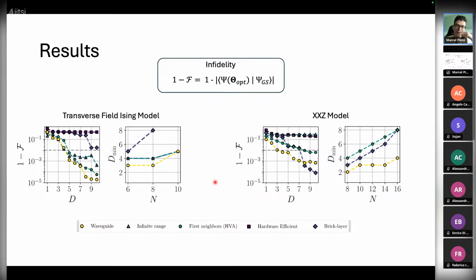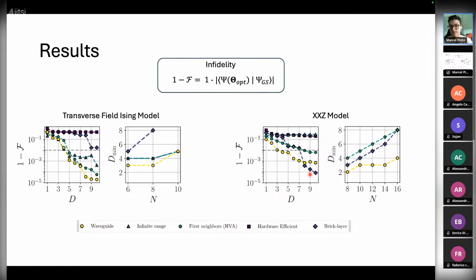And the same if you look at the XXZ model, they have kind of the same behavior. The waveguide does better, but here you can see that for deep circuits the brick layer starts to be better. But this happens only on deep circuits, and this is something that we don't want, right?